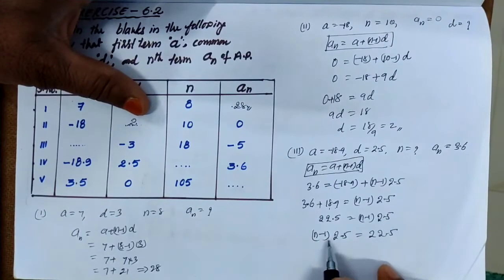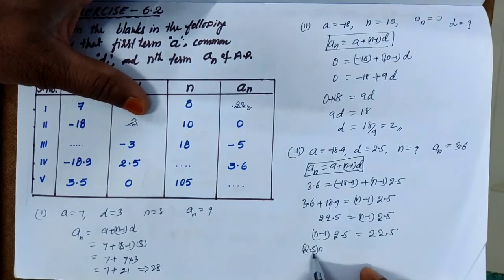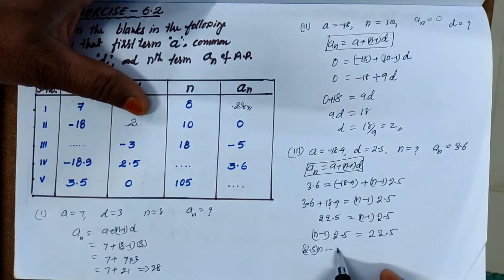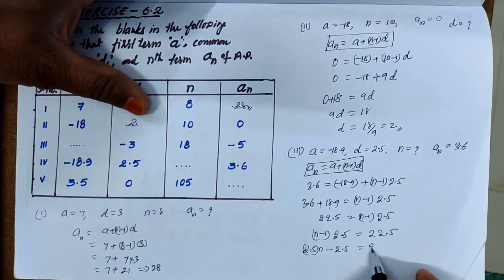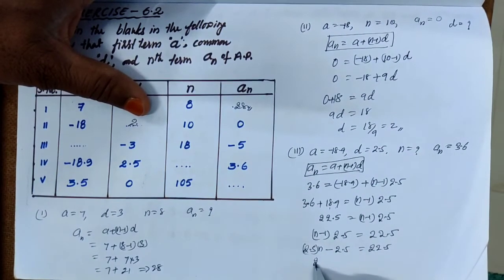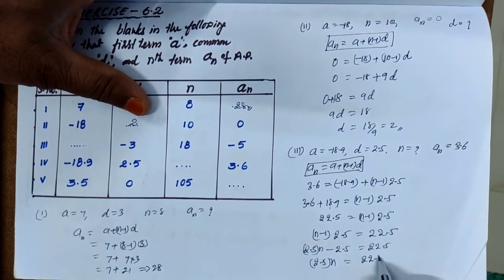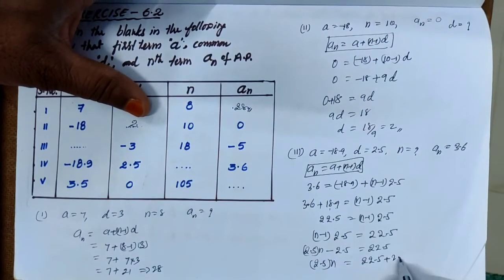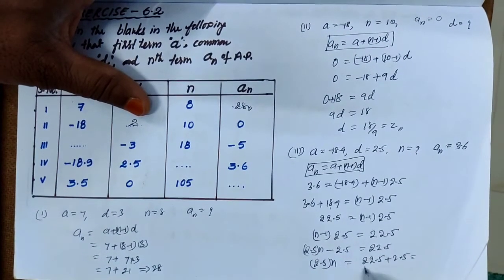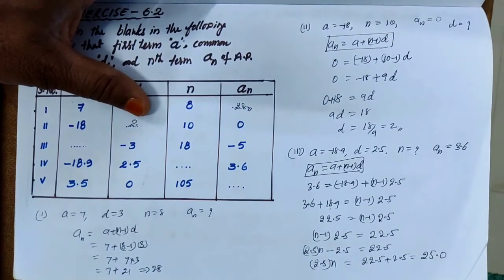Multiply this. So n into this one, 2.5 into n, and minus 1 into this one, minus 2.5, is equal to 22.5. Transpose this 2.5 to that side. So 2.5 into n is equal to 22.5 plus 2.5, which is 25.0.